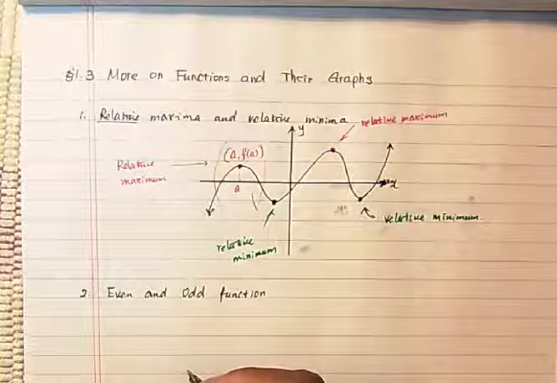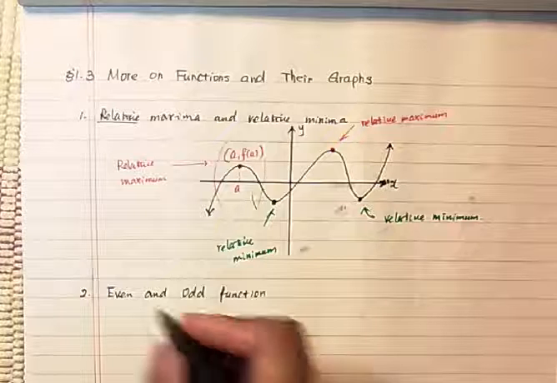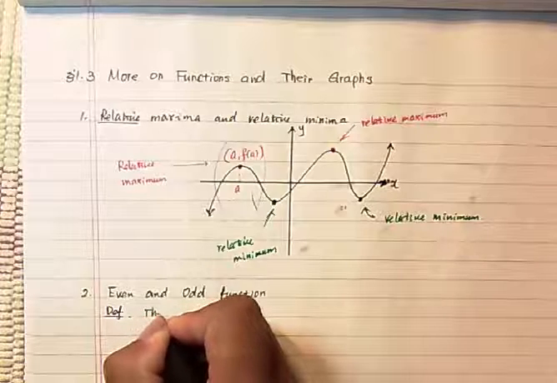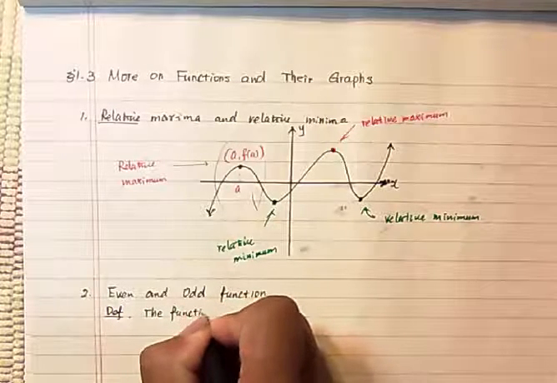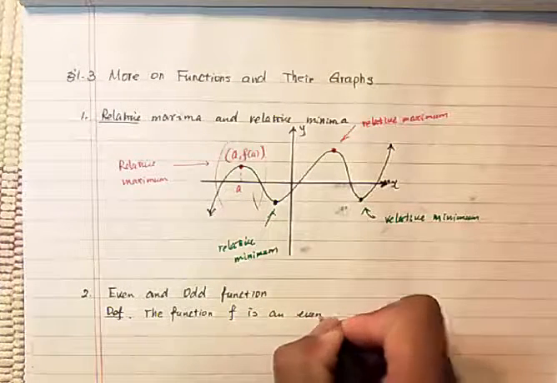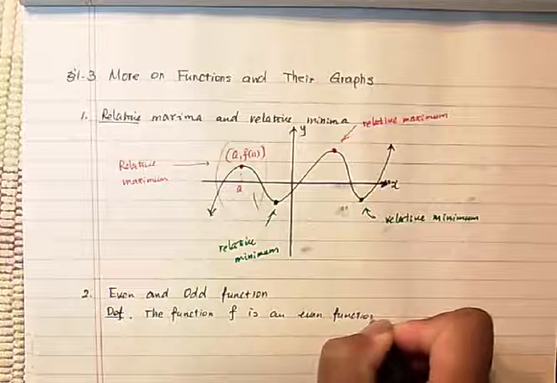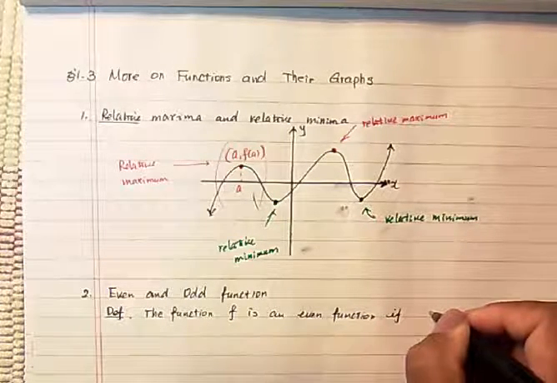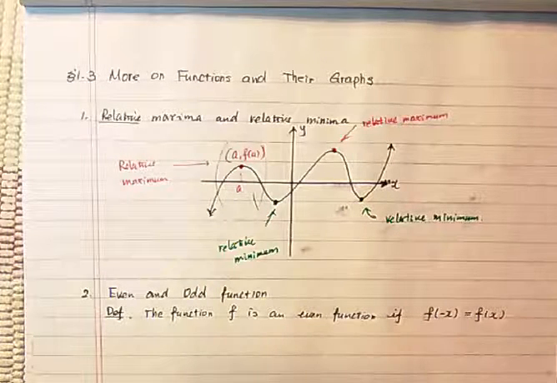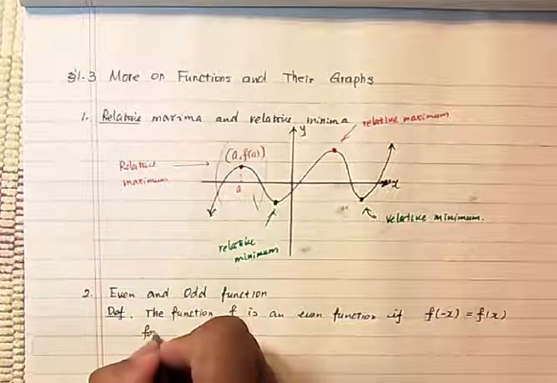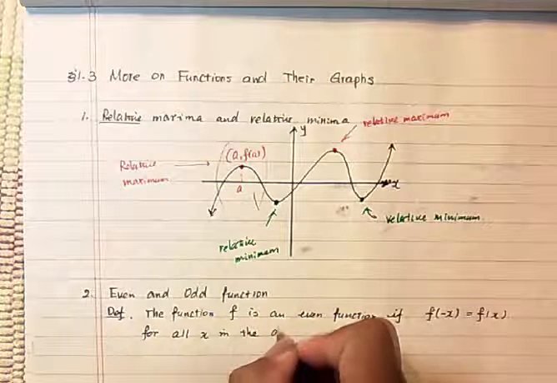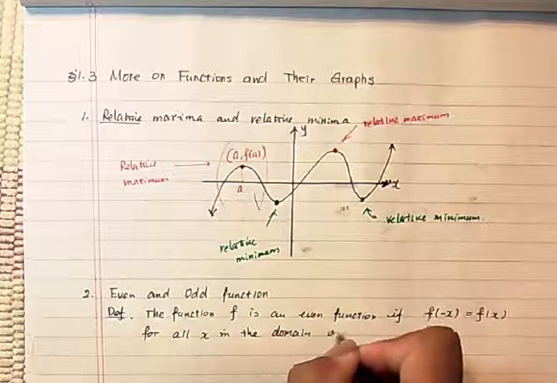Let's take a look at the definition of an even function. We say the function f is an even function if, when you evaluate, f of negative x is the same as f of x for all x in the domain of f.